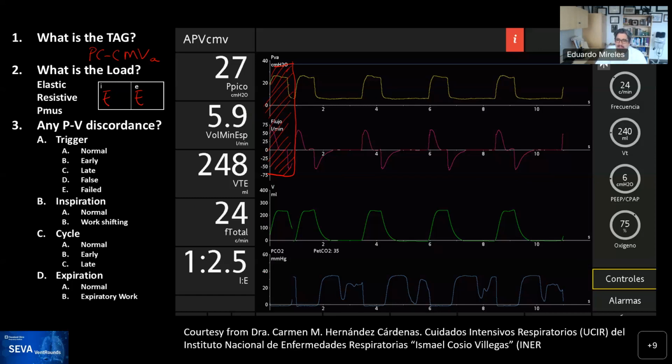Is there a patient-ventilator discordance? What interaction is there?